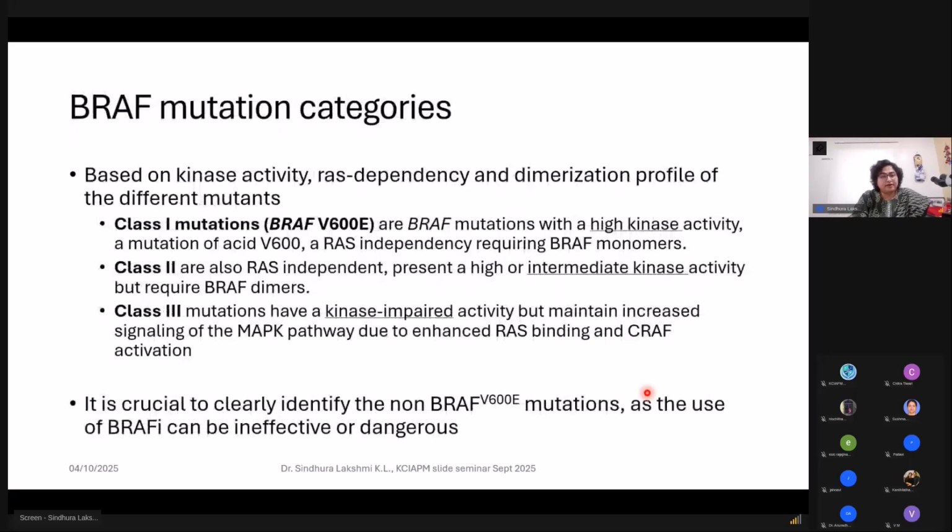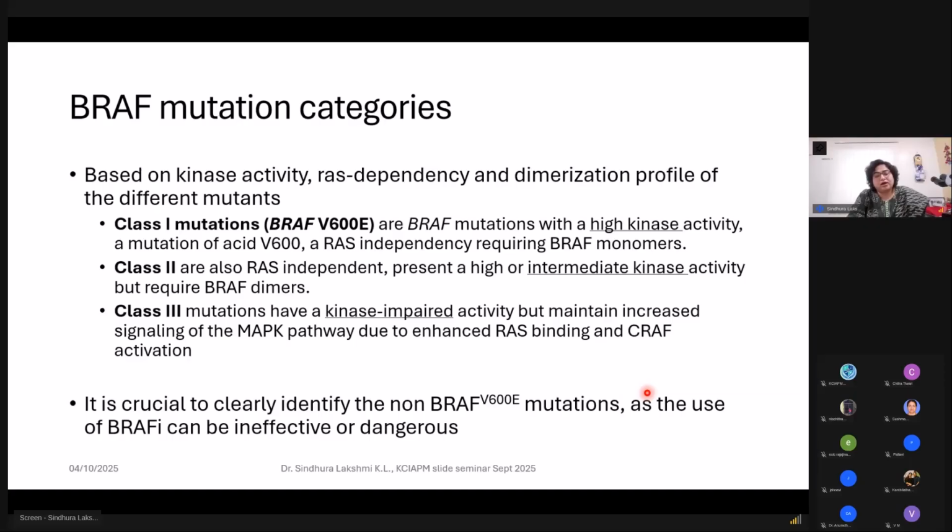BRAF mutation is very, very important here, mainly from a therapeutic point of view. There are three different categories based on the BRAF mutation. Class 1 with high kinase activity, class 2 with high or intermediate kinase activity, and class 3 with kinase impaired activity, which means if you are giving kinase inhibitors, patients with class 3 mutations will not benefit.